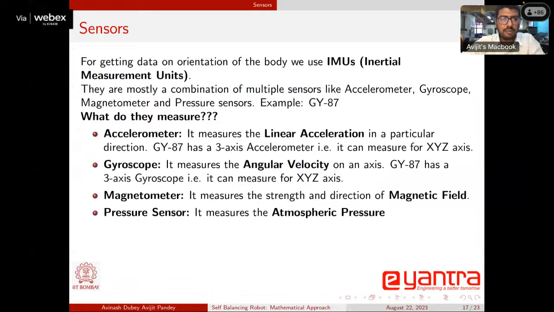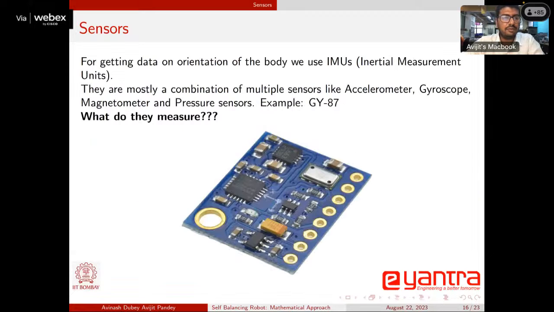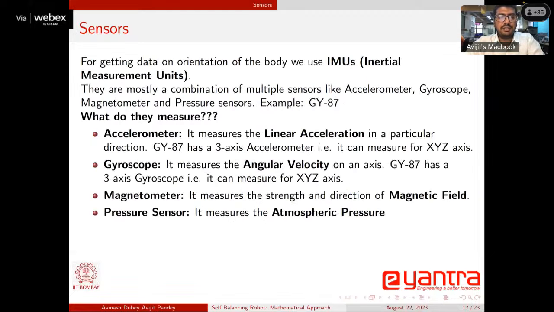So let's talk more about the sensor that we are using. This sensor has two elements, accelerometer and gyroscope, which are of use for us for this experiment for now. Can you take a guess what the accelerometer and gyroscope measure?